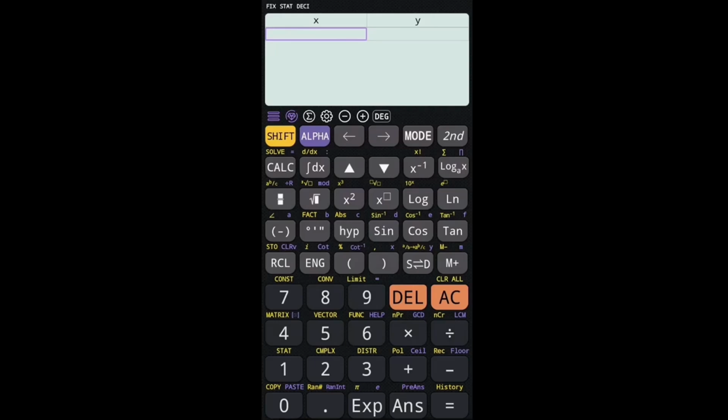You have x and y, so you're supposed to put in the values for x and then the values for y. On the calculator that you can see, let me put in the values. So we have 14, you press equals, 24, equals, 26, 18, 20, 28, 22, 17, 12, and 19.